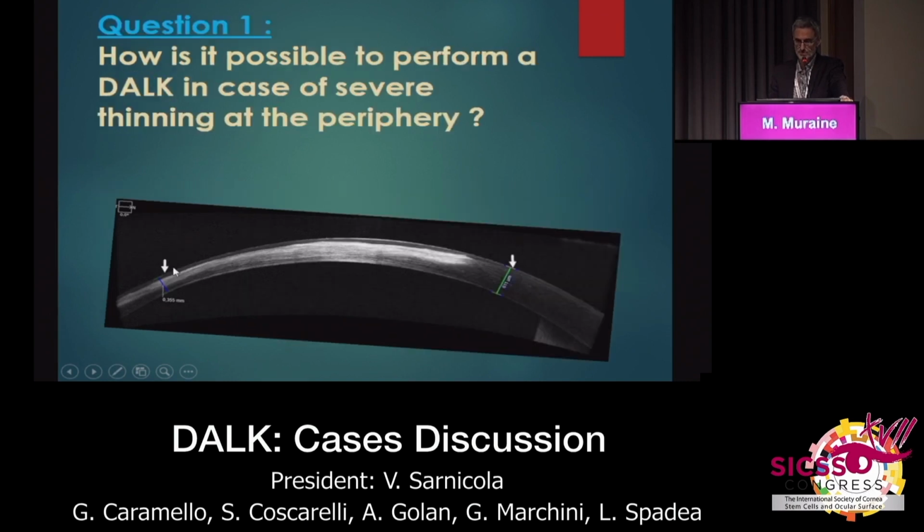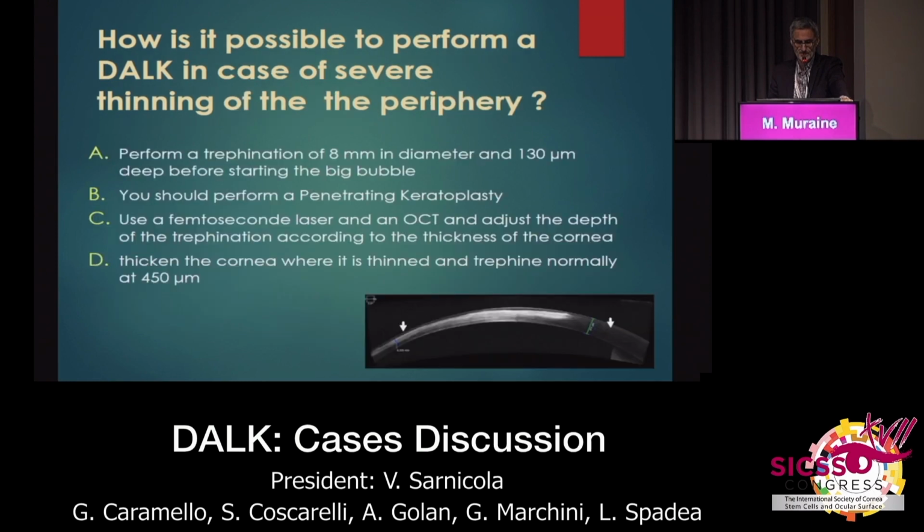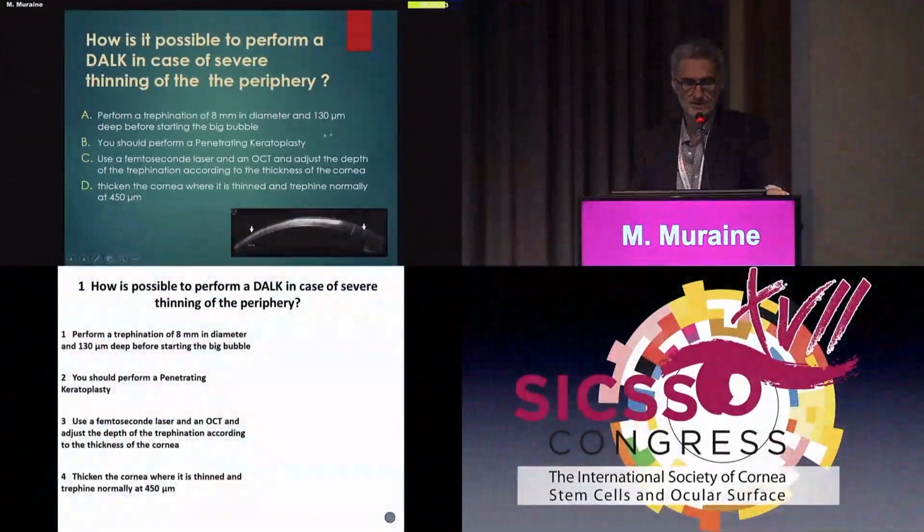And the first question is, how is it possible to perform a DALK in case of severe thinning at the periphery? You have four possibilities. The first is to perform a trephination of 8 mm in diameter, but only 130 micron deep, because you know that it's only 150 micron.